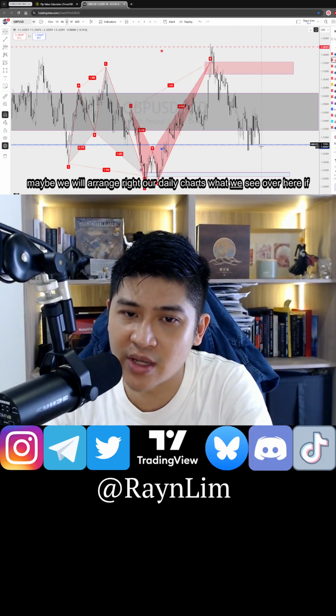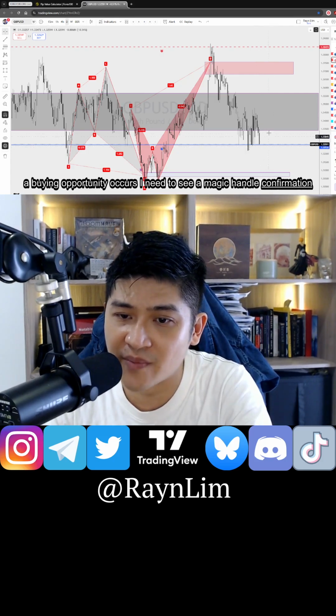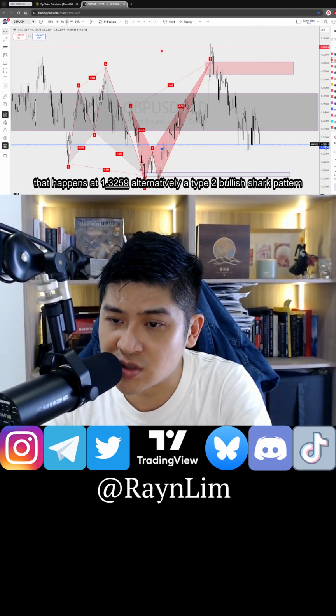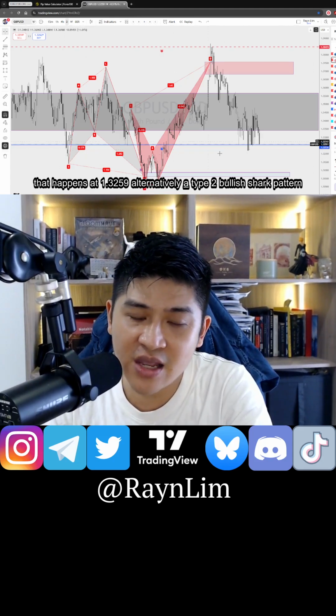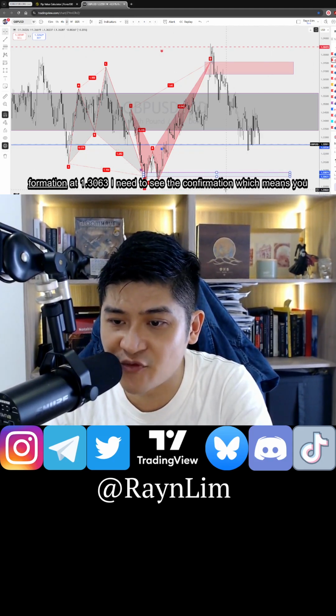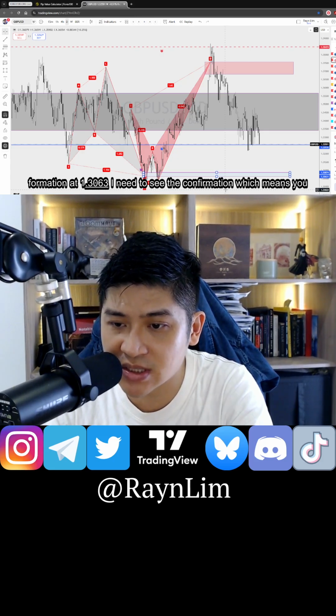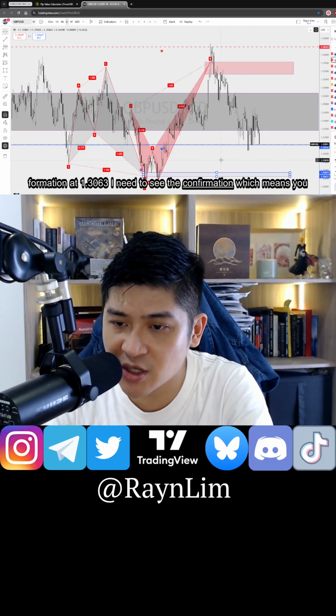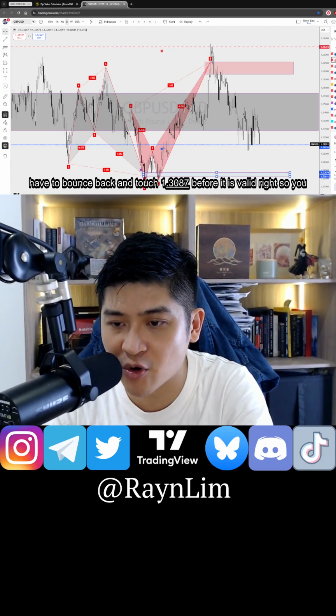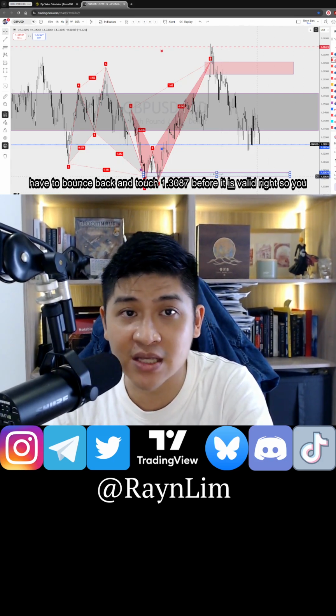On the daily chart, if a buying opportunity occurs, I need to see a magic candle confirmation that happens at 1.3259. Alternatively, a type 2 bullish shark pattern formation at 1.3063. I need to see the confirmation, which means it has to bounce back and touch 1.3087 before it is valid, right?